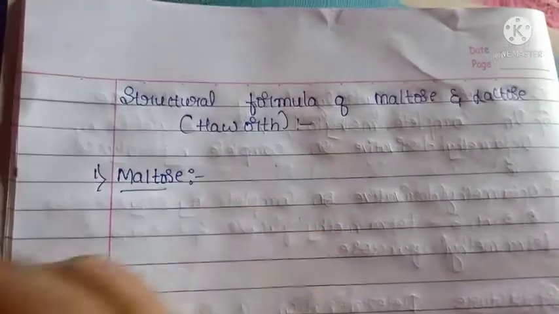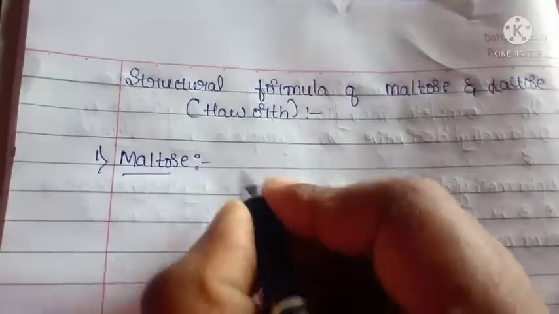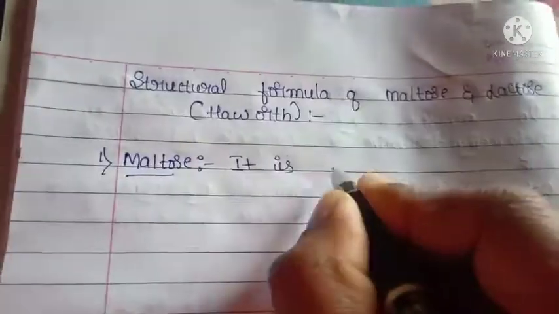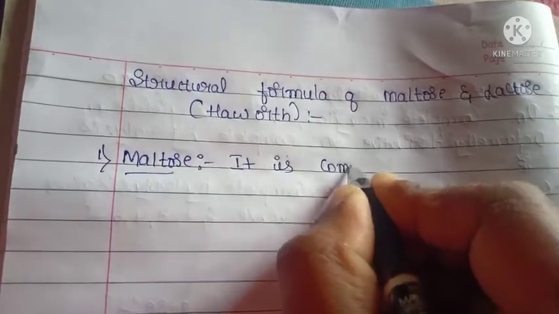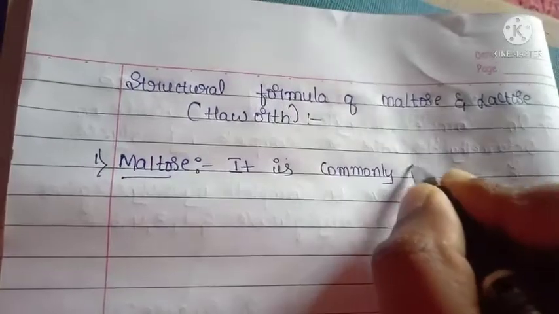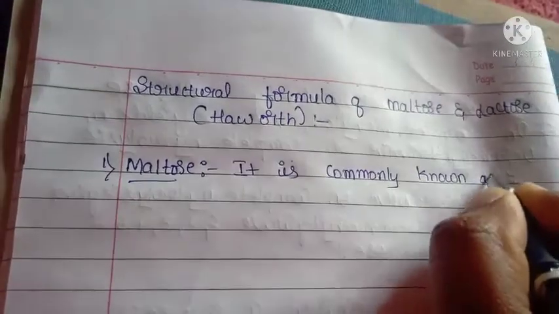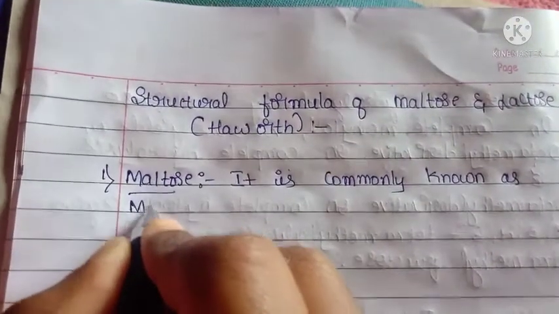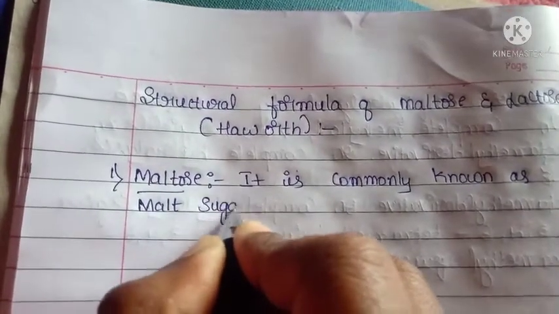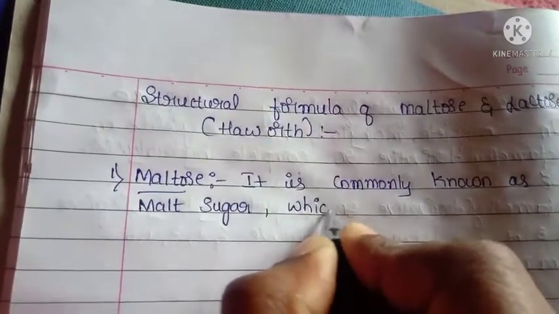Here we know that maltose is commonly known as malt sugar, which is a disaccharide.